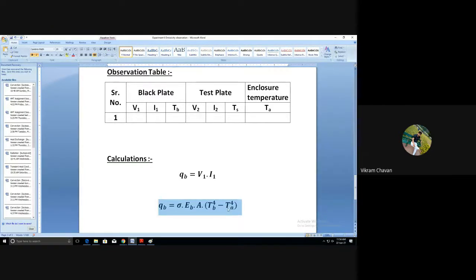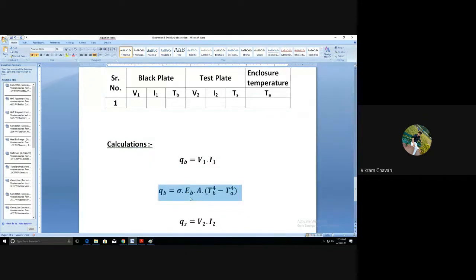Then T suffix A is nothing but the enclosure temperature or the surrounding temperature. So this particular formula will provide you the emissive power of a black plate. So once you calculate, we have the emissive power of the black plate.